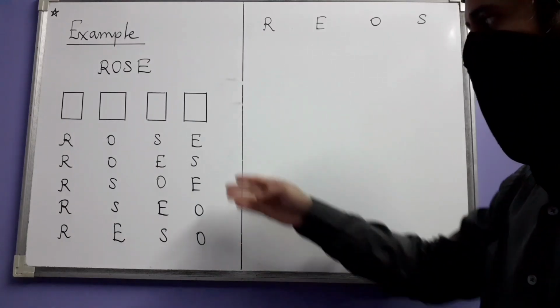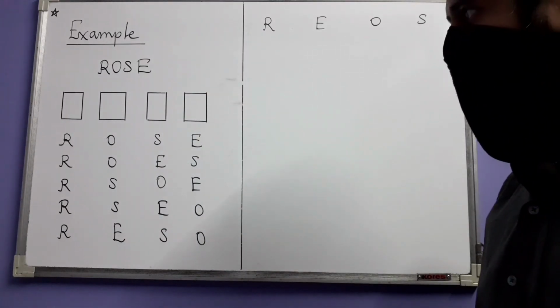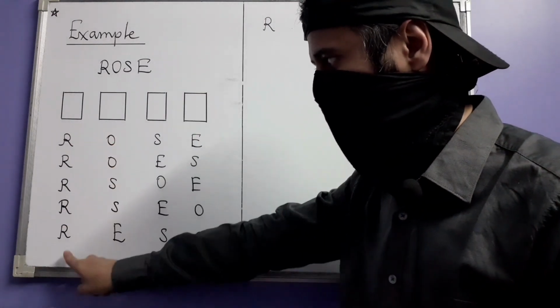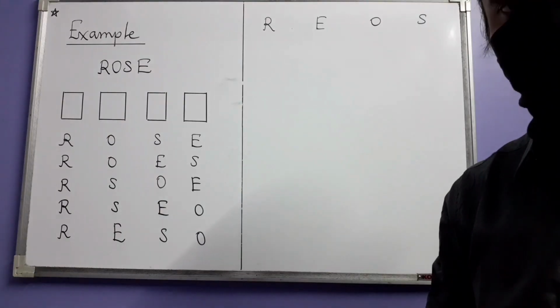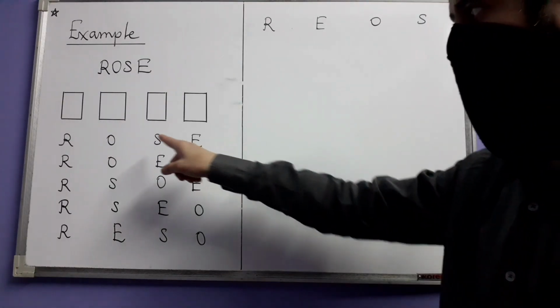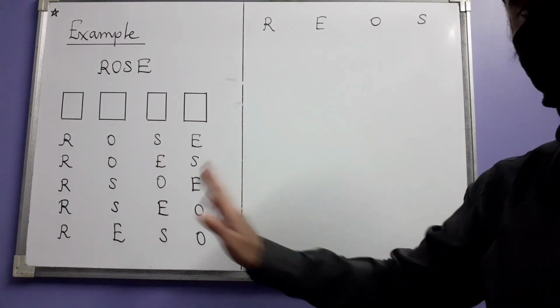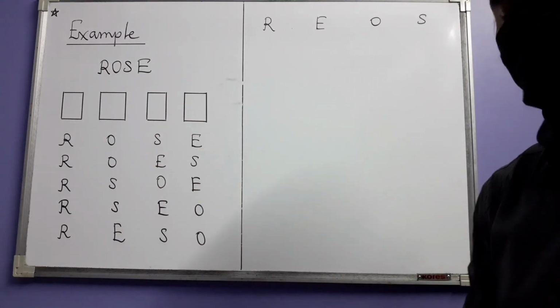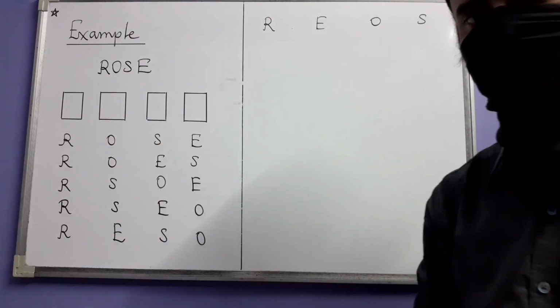I mean, do you see how this is related to the previous example? Once you have chosen R for the first box, this is just the previous example. Only there we had C, A and N, here we have O, S and E. So that's how we are getting 6 ways of filling these boxes with R in the first box.